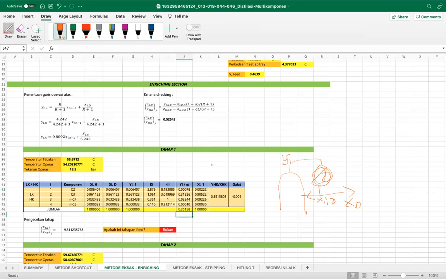The new Xi equals Yi divided by alpha I, divided by the summation of Yi divided by alpha I. Why do I always say sigma, it's alpha I.